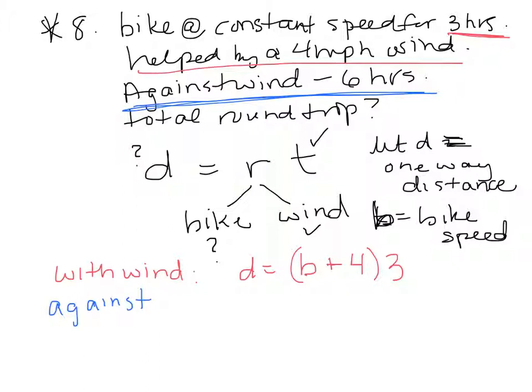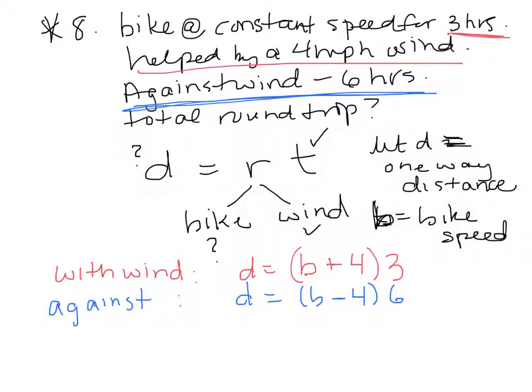Against the wind, our one-way distance is equal to the bike speed minus the wind speed, remember, because it's working against the biker, times 6 hours in this case. So now we have that distance is equal to this expression, but we know that same distance on the way back is equal to this expression.